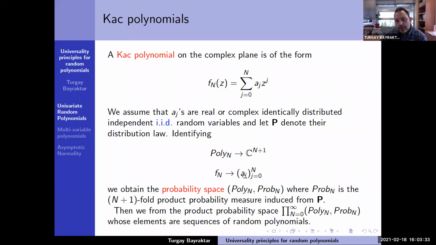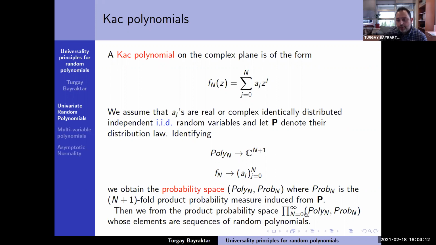As these are random variables, they have this common distribution P. So you endow this C^(n+1) with the product probability measure coming from the random variables a_j, and then you pull it back to the space of polynomials under this identification. So that allows you to put a probability measure on the space of polynomials. So this is your probability space here. Of course, you can do this for each degree, and that allows you to define this product probability space where n runs over all degrees.